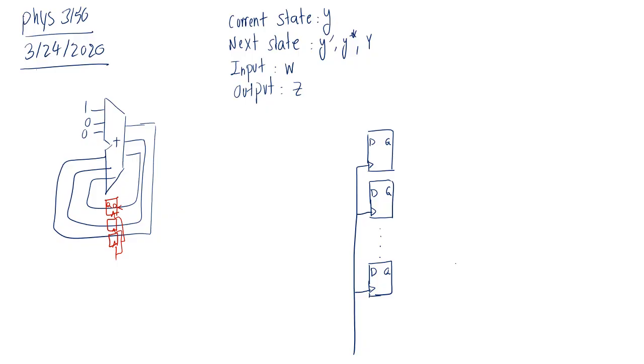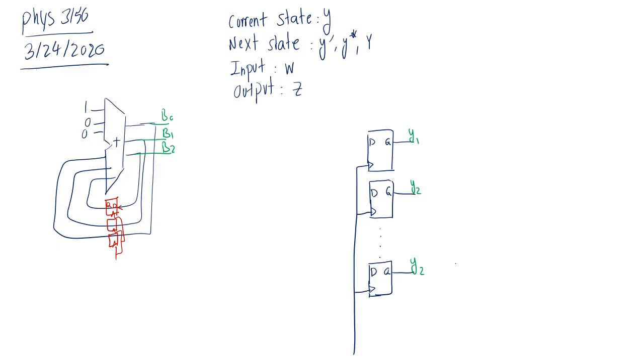And the output of this flip-flop is the current state, and this current state could be a multi-bit state. For example, the current state in the counter case was the numbers. We're counting up, and it's a 3-bit counter. So let's say this is bit 0, this is bit 1, this is bit 2. So I'm going to call it a 3-bit state. Let's say this is Y1, this is Y2, because we decided to show the current state with Y.